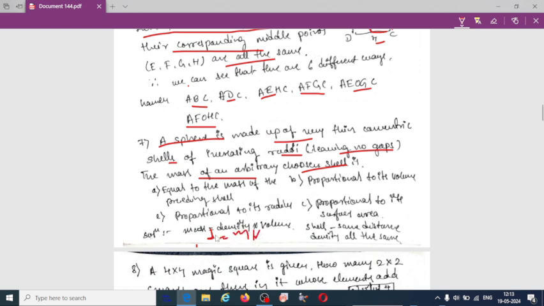So mass is equal to density into volume. So mass depends upon volume. So that's why option B is correct here, proportional to its volume.